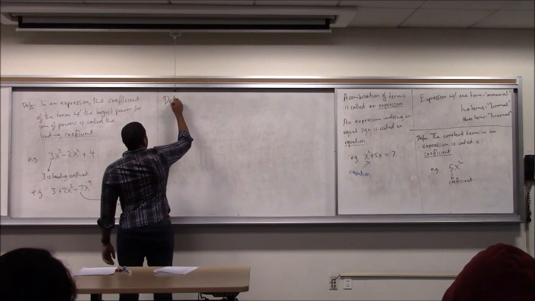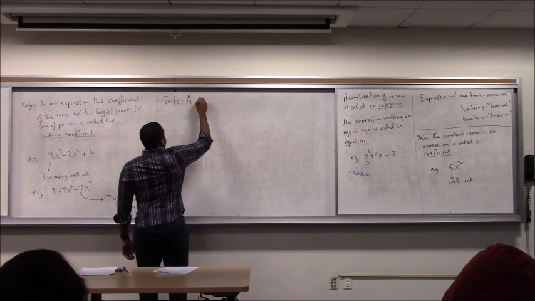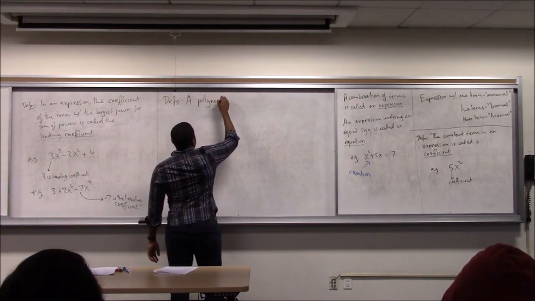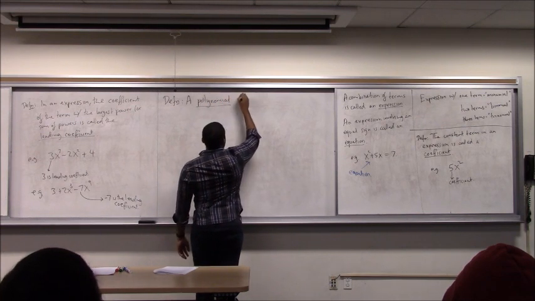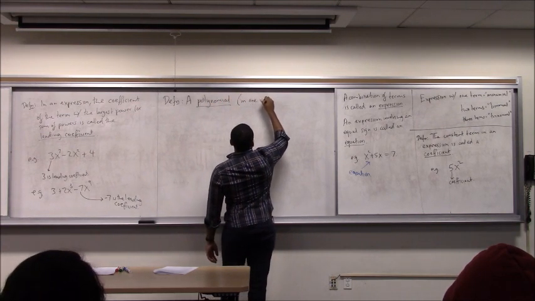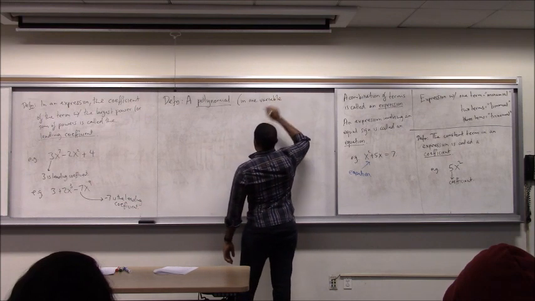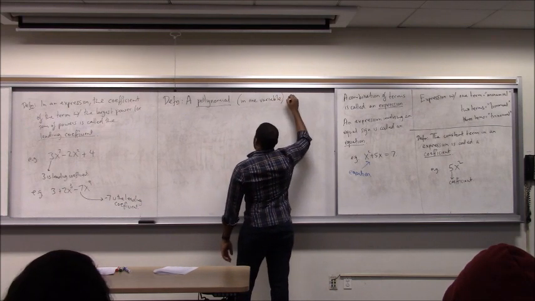Here's another definition. A polynomial in one variable. Those are the only ones we deal with in Calculus 1.